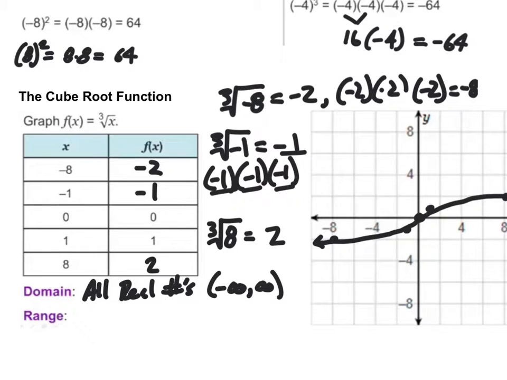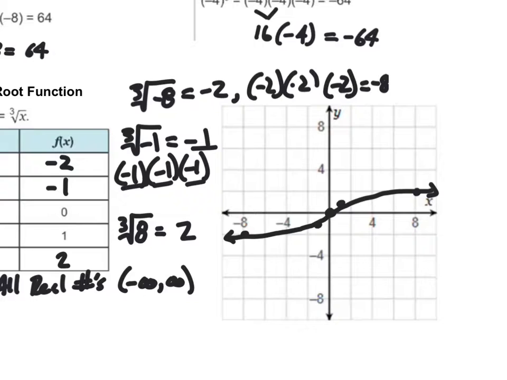The range is the same thing. You kind of have to look at the graph and say to yourself, if I plug in x values, as x gets big, my y values are going to grow and get bigger. Doesn't look like it, but that's what's going to happen. Same thing over here.